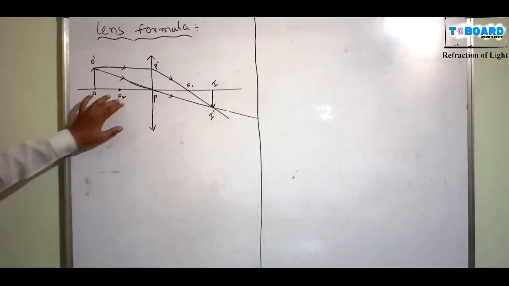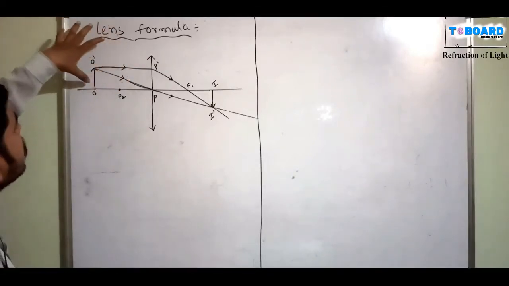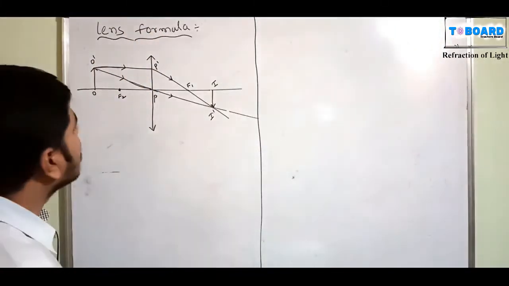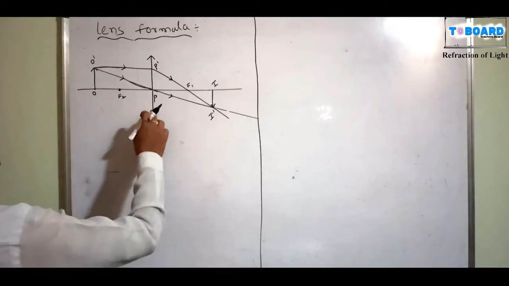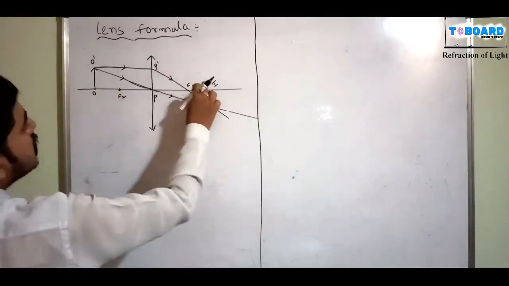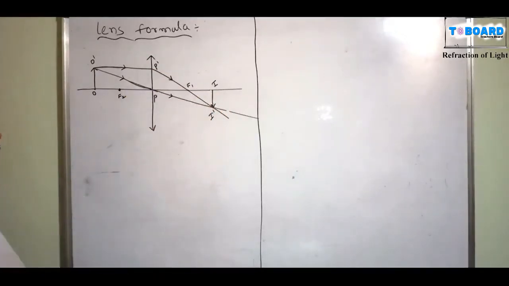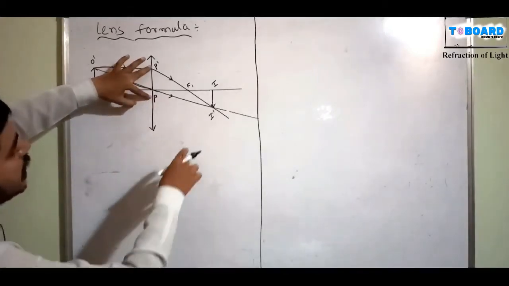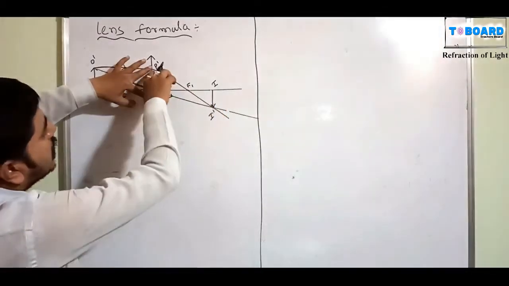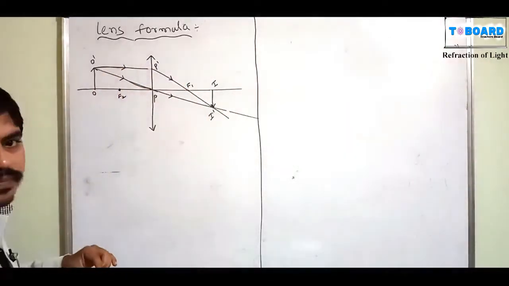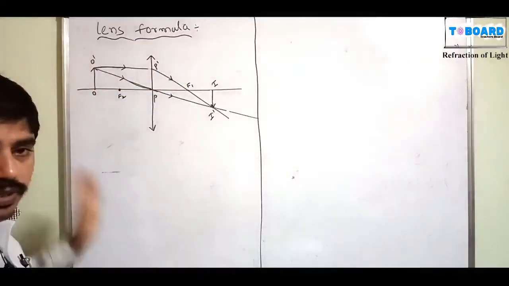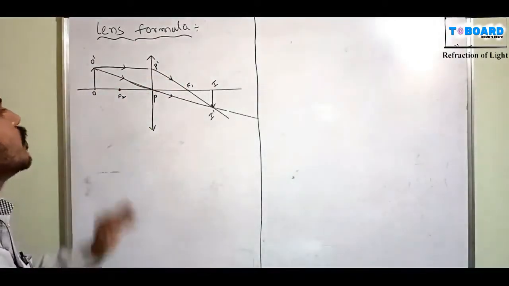Now in this situation, different types of triangles are present. P dash I dash looks like a triangle, right? And you see that P dash F1 is also a triangle. These are different types of triangles.